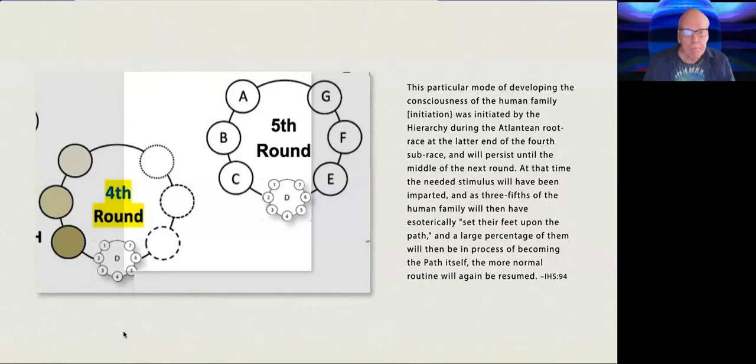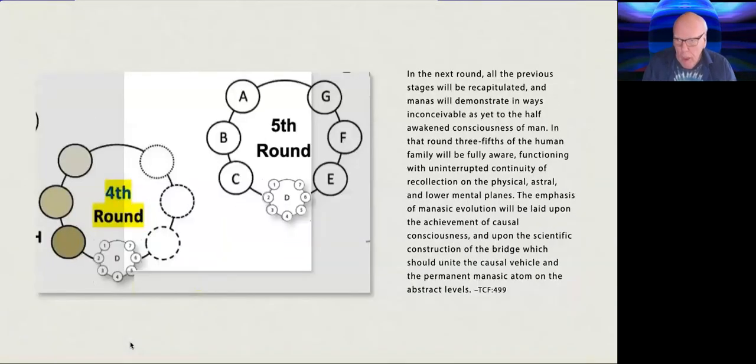Okay, does everybody have some understanding of what he's talking about here in terms of what's going to be happening? This phrase describes that the human family will be fully aware, functioning with uninterrupted continuity of recollection on the physical, astral, and lower mental planes.